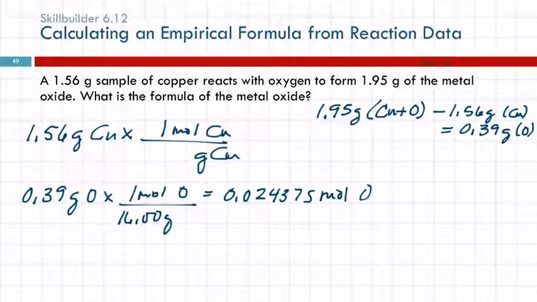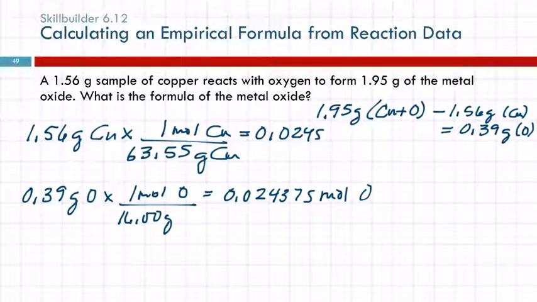How many grams? Look at the periodic table. 63.55. 1.56 divided by 63.55 is 0.024546 moles of copper.